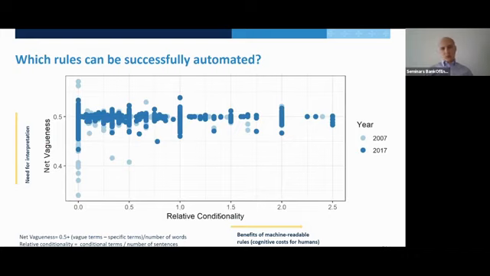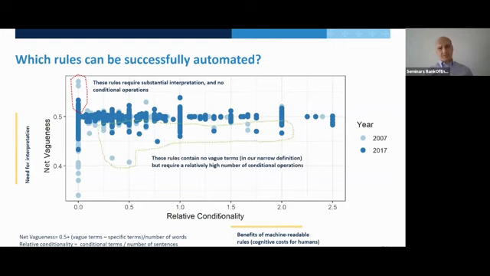And this allows us to identify rules which can be successfully automated, or we think that this might be a way in that direction. So if we plot rules which are vague and rules which have high relative conditionality, we can find different types of rules. For example, rules which are vague and have low conditionality might require substantial interpretation.